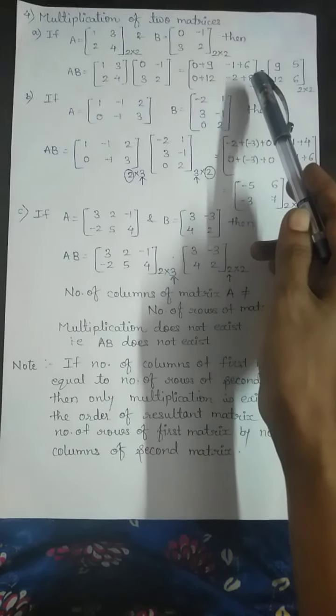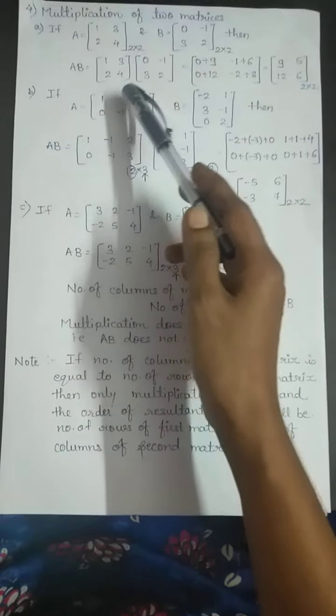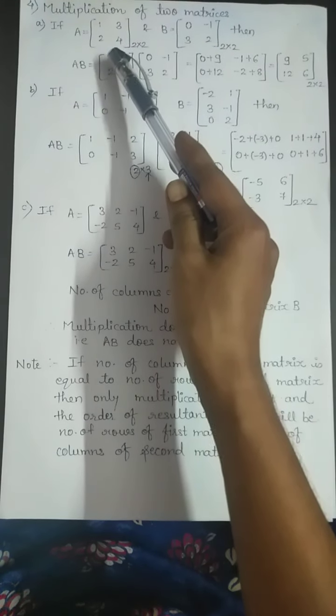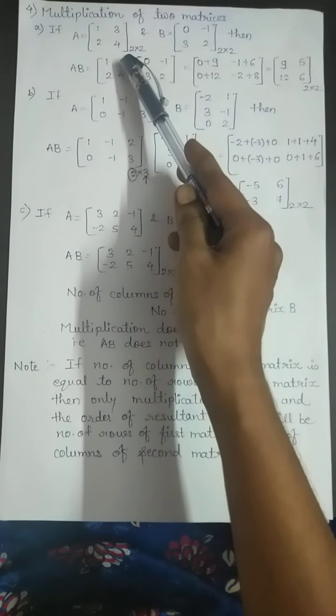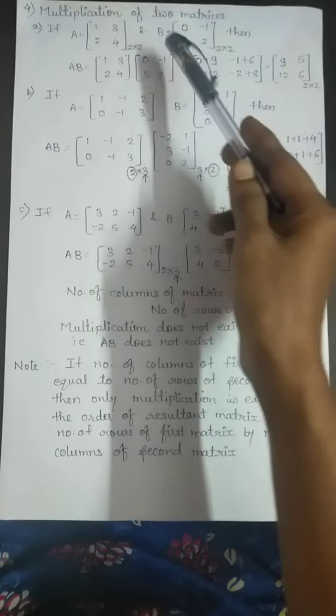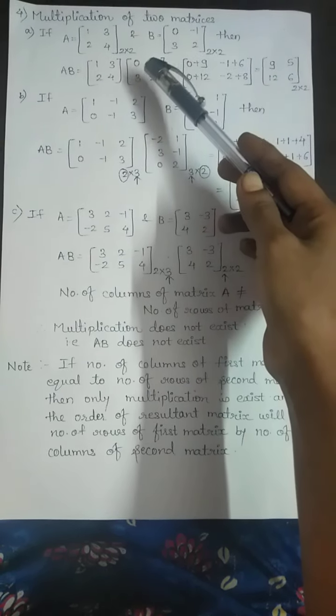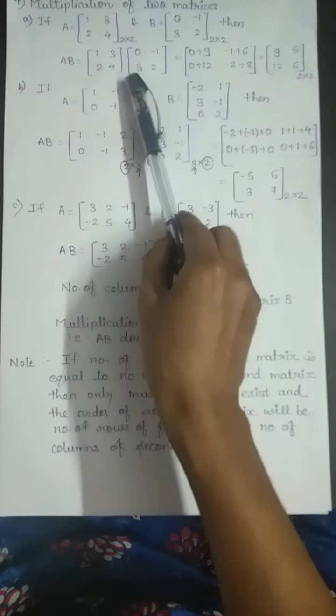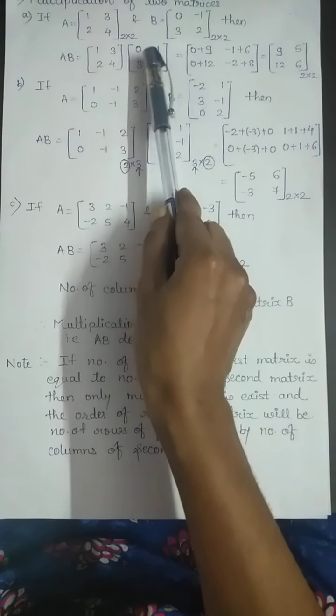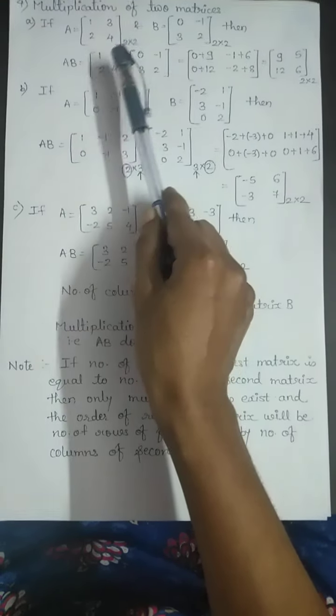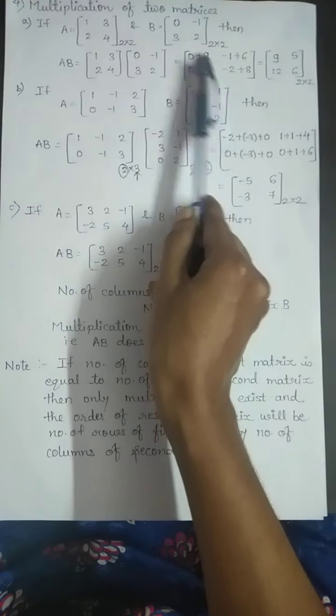That method is not applicable. Here the multiplication method is first row of first matrix into first column of second matrix. So you can see 1 into 0 is 0 plus 3 into 3 is 9.